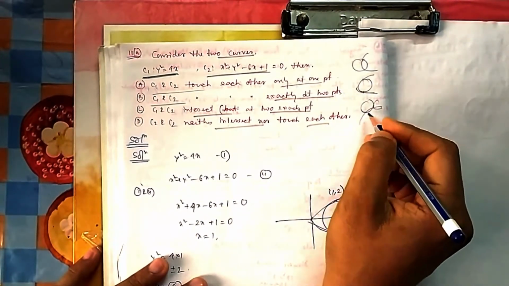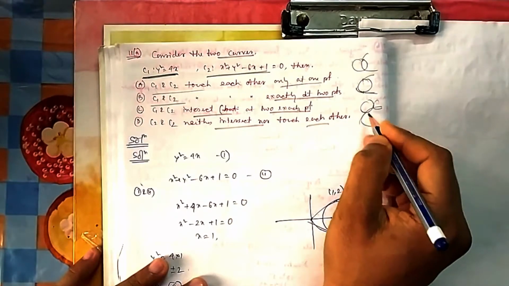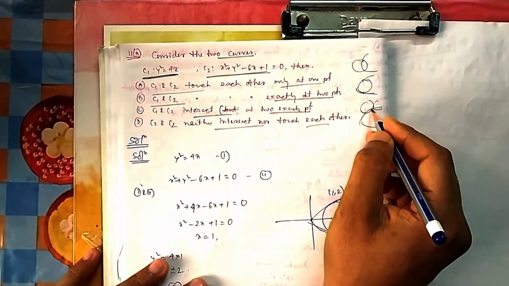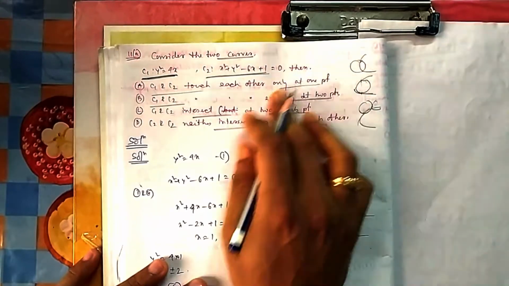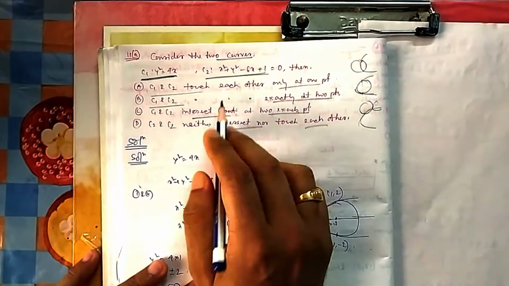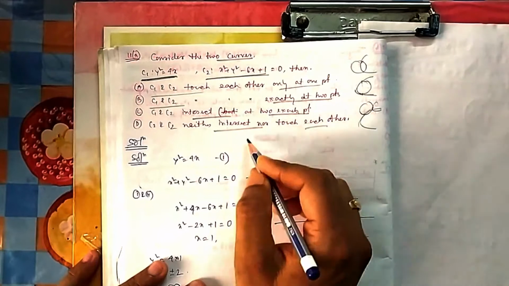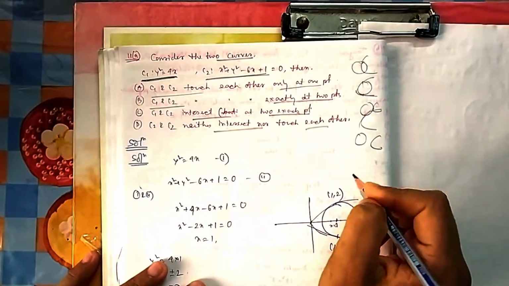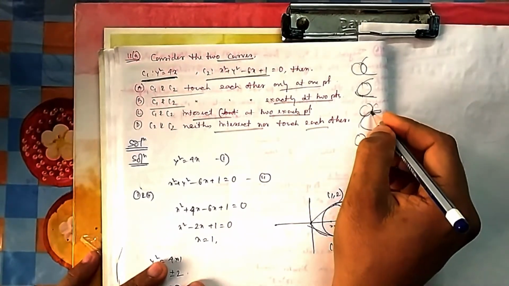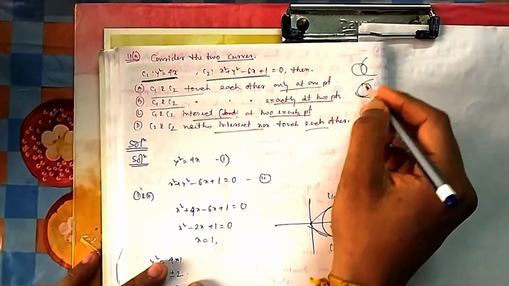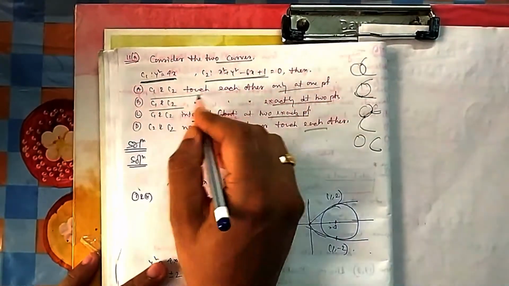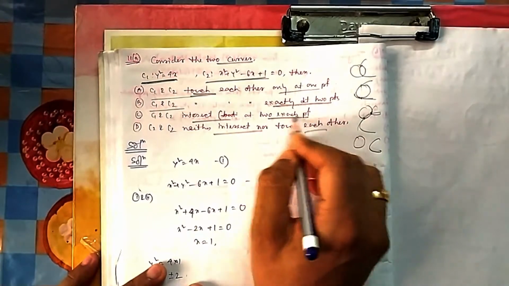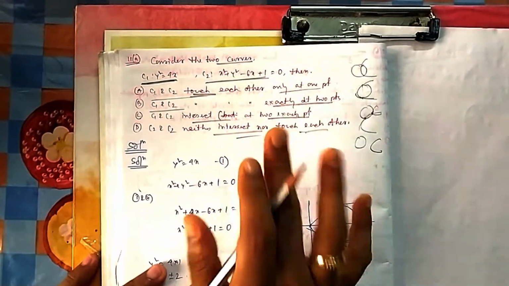They cannot intersect at 1 point, because if it intersects then it has to intersect at another, but they can touch at 1 point. Or they can be outside of each other also. So these are the cases. If it is a single point then it will only be a touch. With 2 points it may touch also, it may cut also. All the cases are possible.